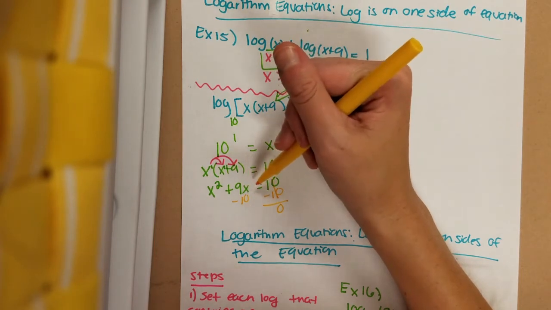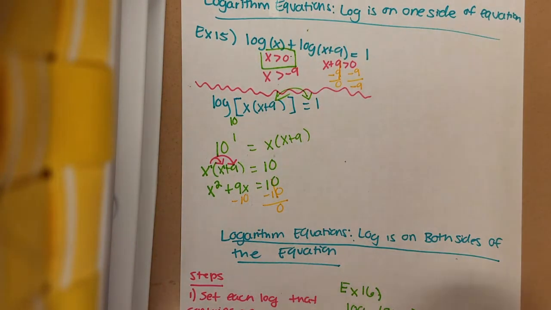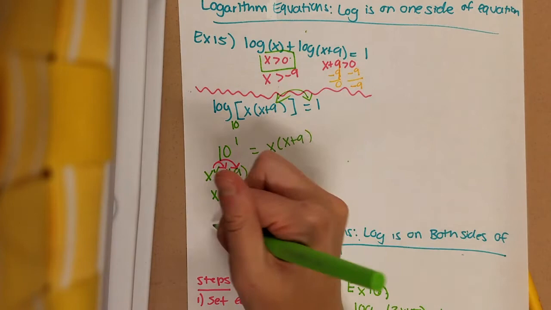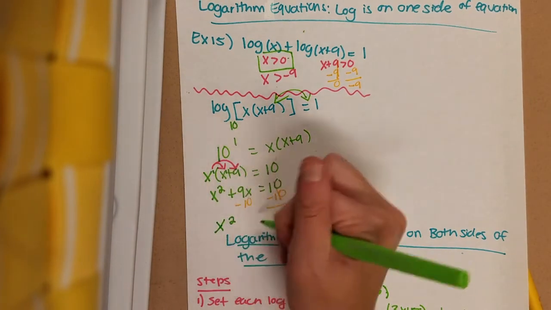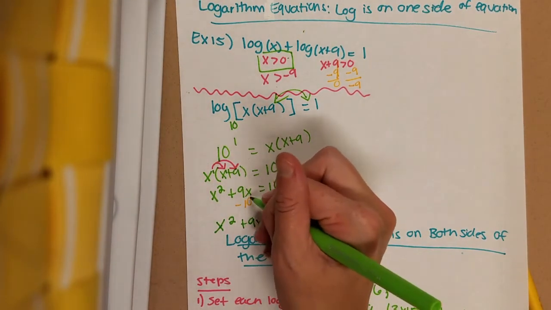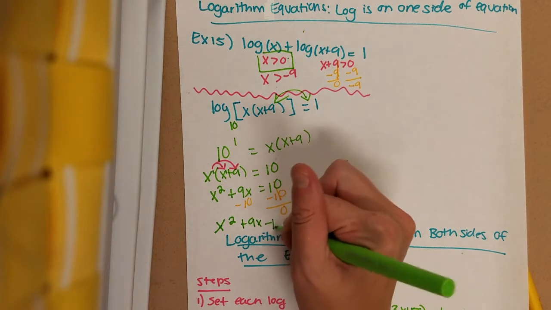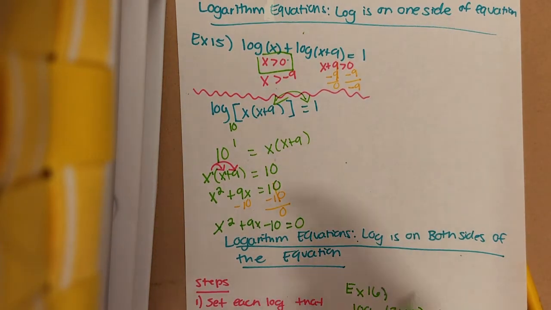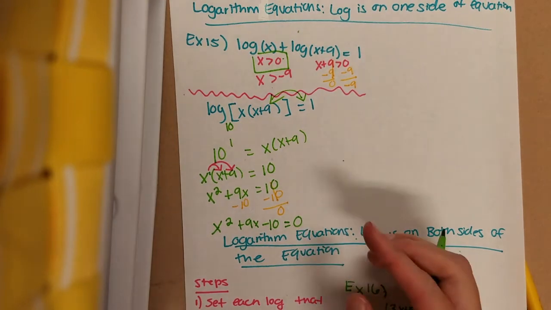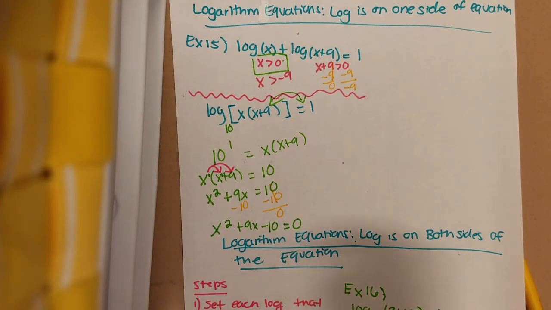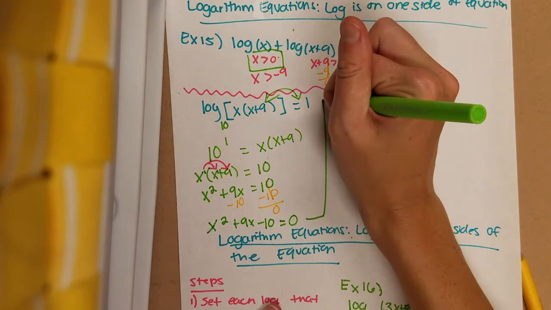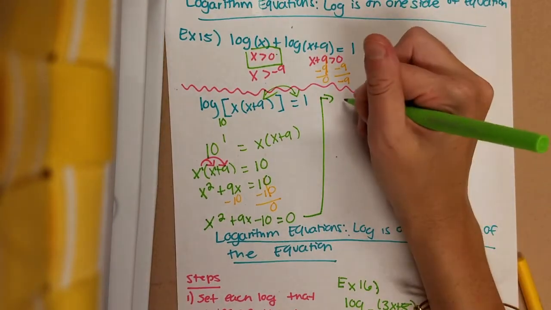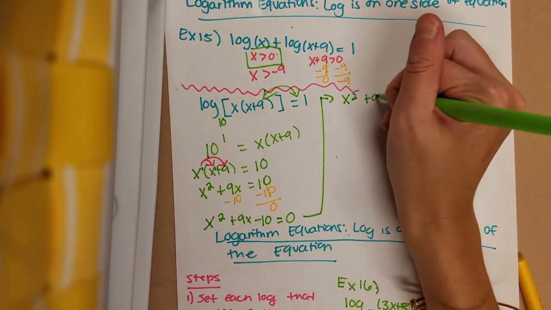So I'm just going to tack negative 10 behind 9x. So currently my equation is x squared plus 9x minus 10 equals 0. So yay, my equation equals 0. Now I can start sliding and dividing, so I'm going to bring this up here and write it so we'll have some space to work.